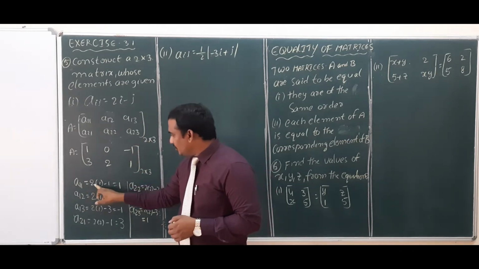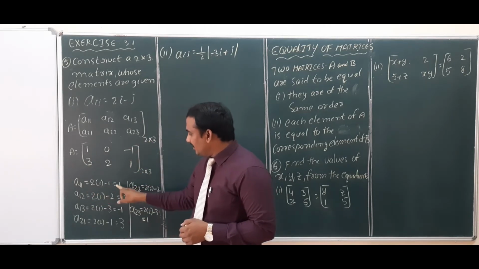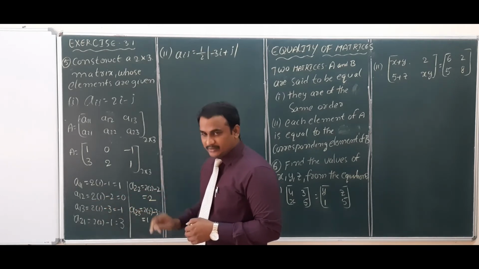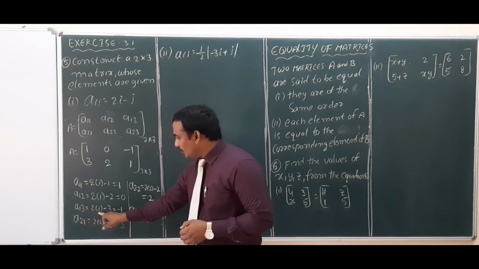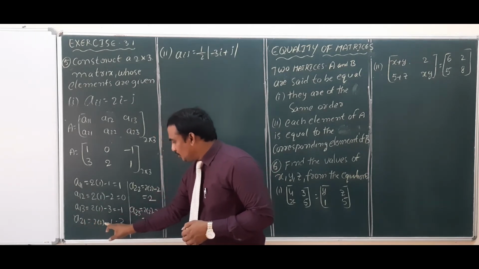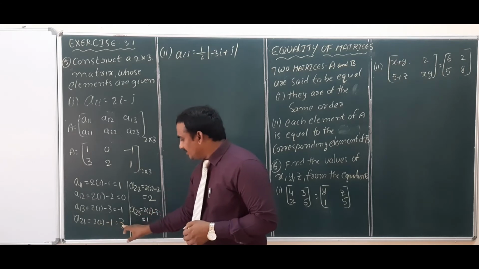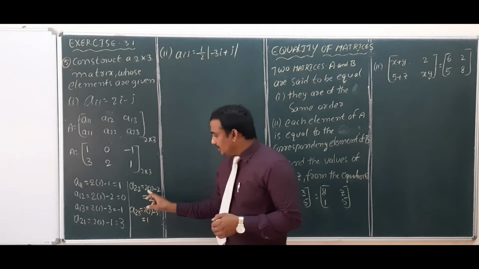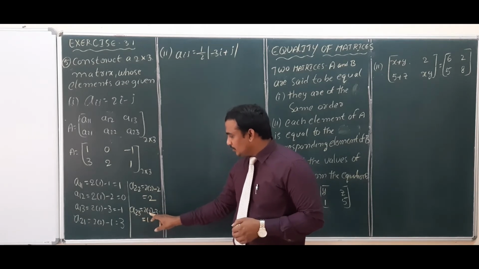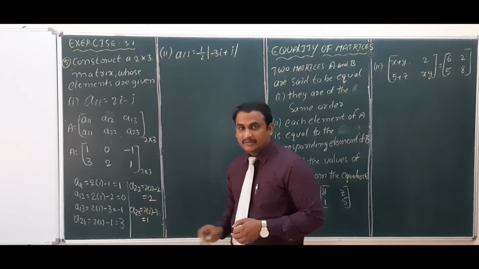A11 value is 2 into 1 minus 1, 2 minus 1 is 1. A12 is 2 into 1 minus 2, value is 0. A13 is 2 into 1 minus 3, minus 1. A21 is 2 into 2 minus 1, 4 minus 1 is 3. A22 is 2 into 2 minus 2, 4 minus 2 is 2. A23 is 2 into 2 minus 3, 4 minus 3, value is 1.